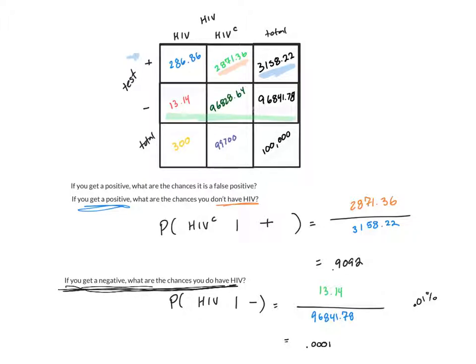That is, if I tell you you're not HIV positive, if you get a negative on that test result, you might engage in different behavior than if I told you had a positive. So we want to be really careful that we're telling people negative only if they don't have HIV. That's why this percentage is so low here. That is, if I tell you you're negative, there's only a 0.0001 or 0.01% chance that you actually have it.